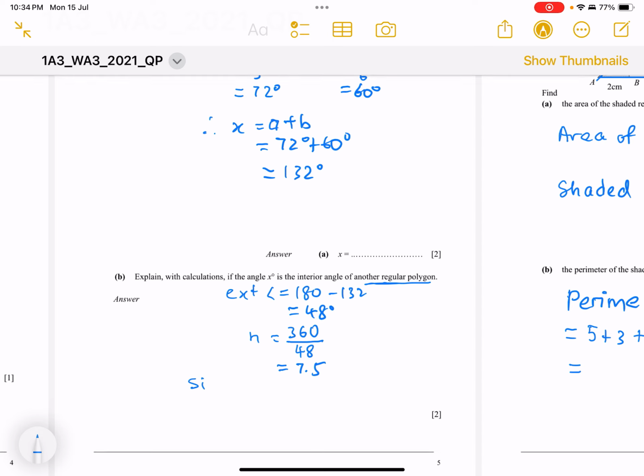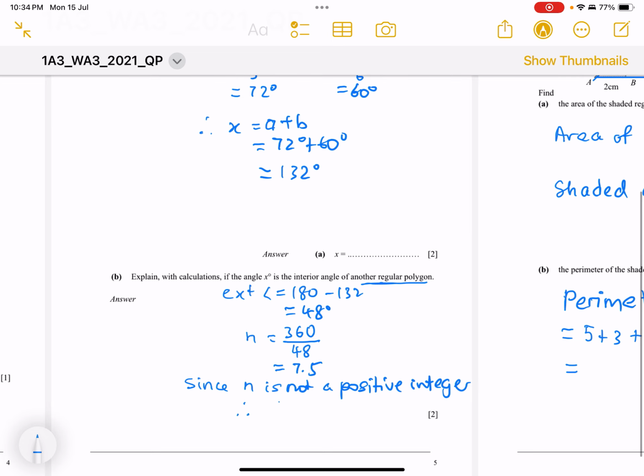So since n is not a positive integer, therefore X is not an interior angle of a regular polygon.